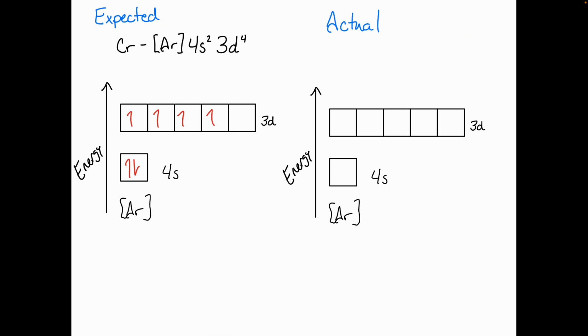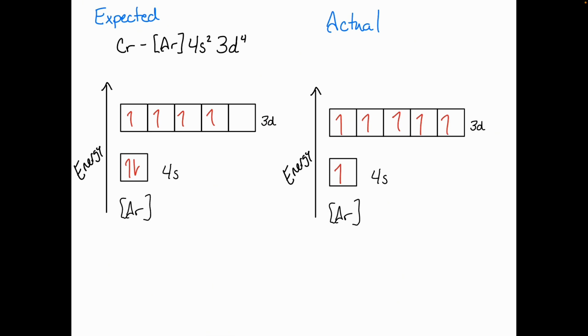But again, there's this extra stability that comes with having a half-filled orbital, and it's so close, it's only 1 electron away. So instead of having a fully filled s and a not half-filled d, chromium rearranges these electrons so that everything is half-filled.